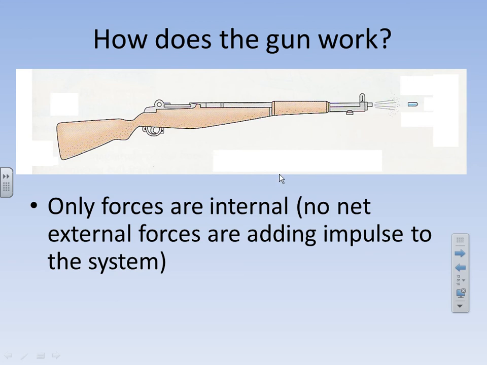What's the initial momentum of the gun and the bullet together? Zero. Why? Nothing's happening, right? Momentum depends on velocity, and before you fire the gun, does either one of them have velocity?